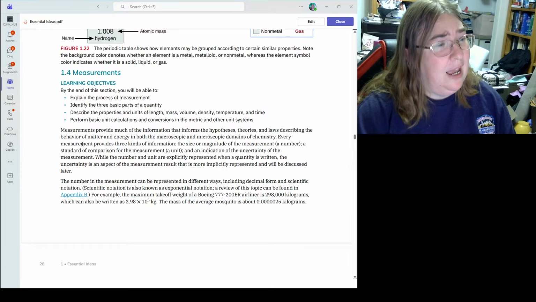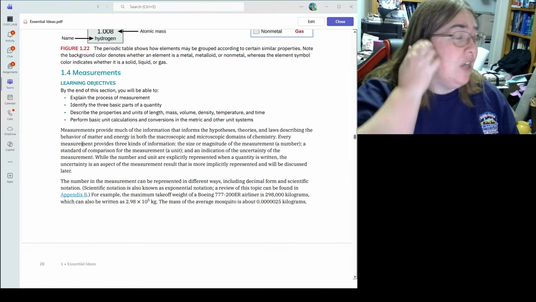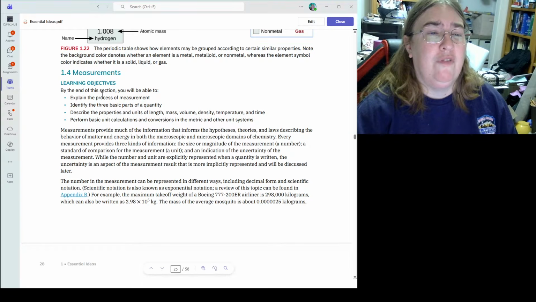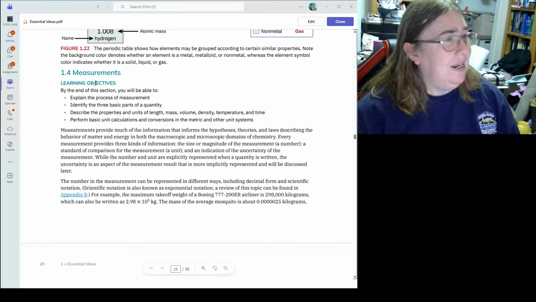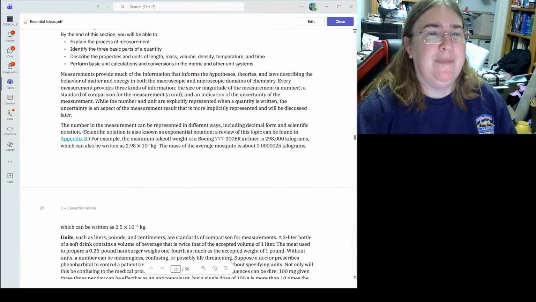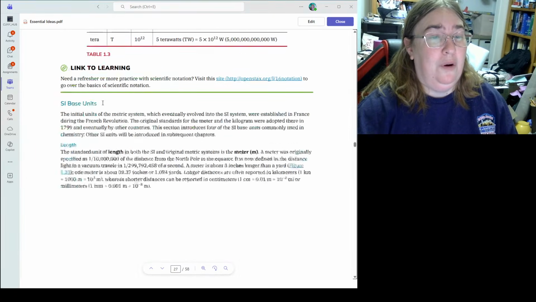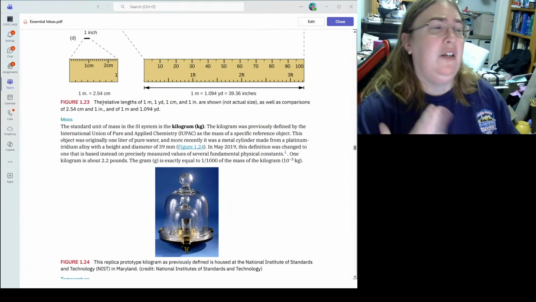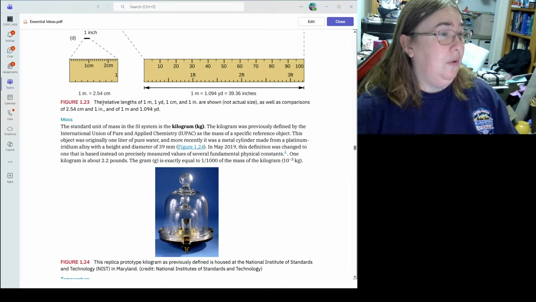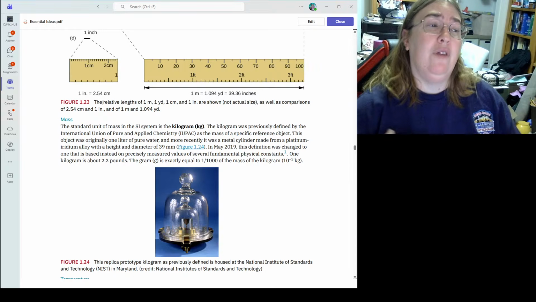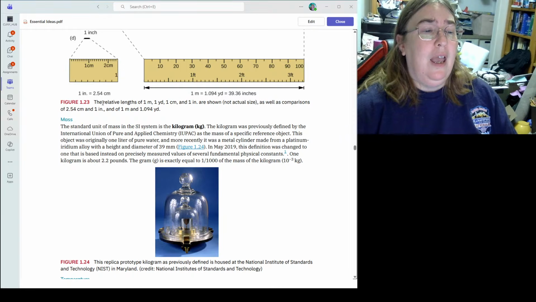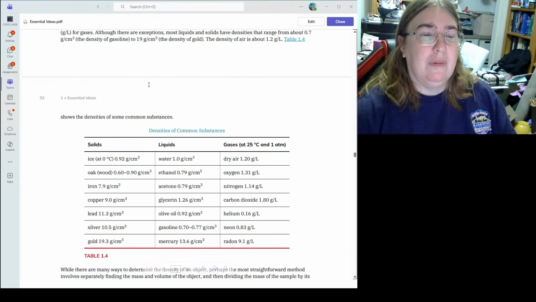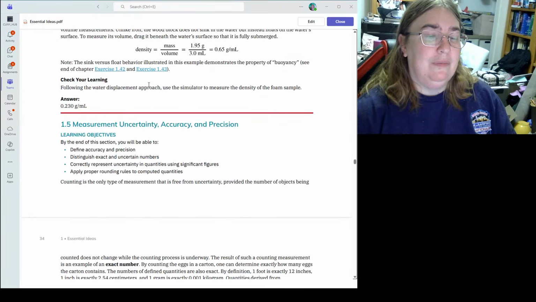For next time, if you want to get ahead on reading, which I will be giving you a reading thing so that you can stay ahead and read before lecture going forward, on Monday we will be covering measurements and error. So measurements, what's the difference between a measurement and a number, and what are units, and what are the standard units, and how to convert between units, and also what's error.